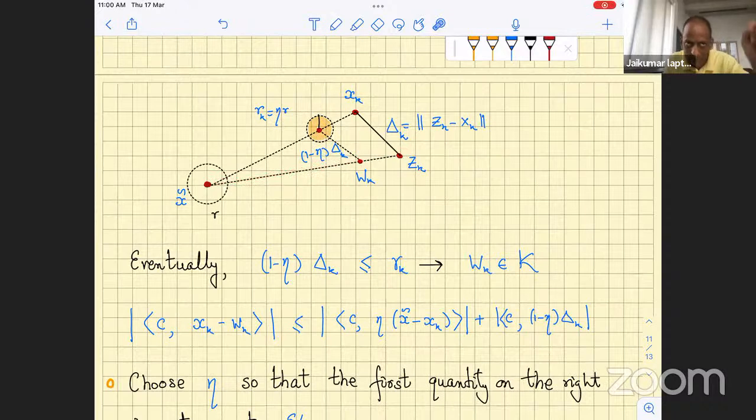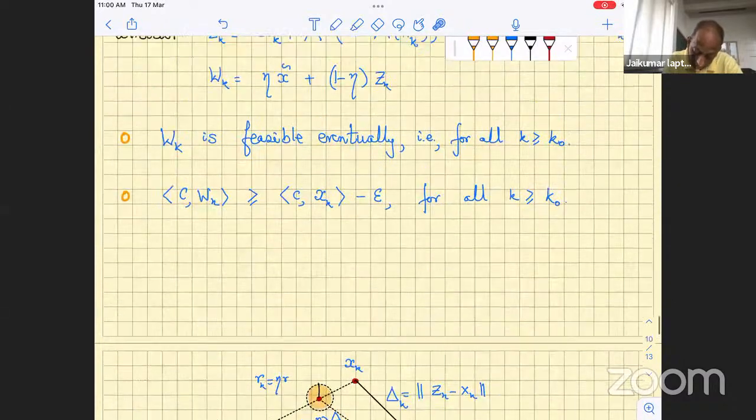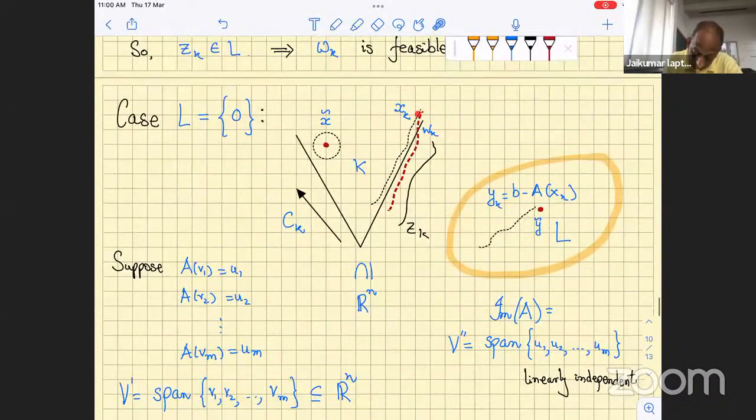Zk was the manipulation done to map it into 0. Okay, these are wk's, which are the average of this, and there is a similar triangles business going on, sort of reflected. Now this xk previously used to be feasible. Yes, xk was a feasible point.